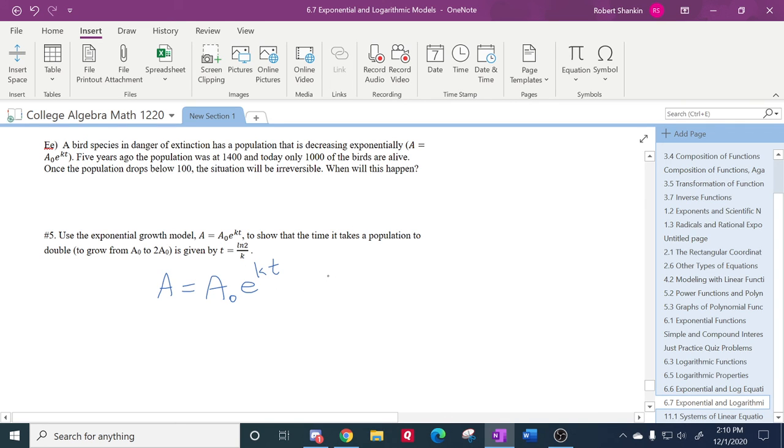The time it takes to double the initial population is the doubling time.